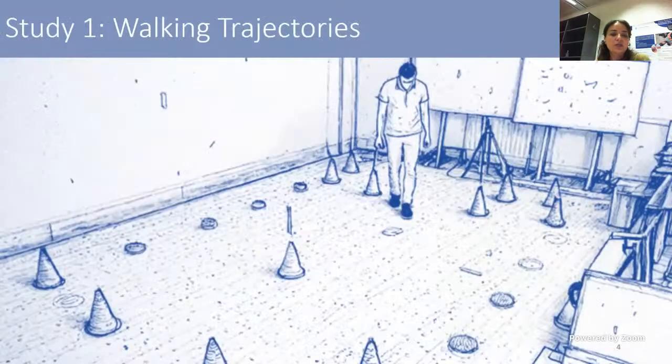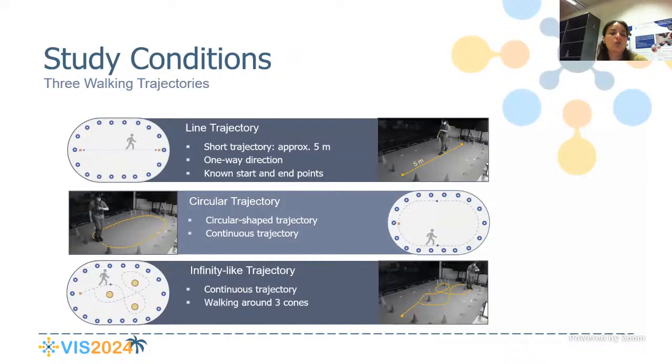So in the first study, we explored microvisualization reading performance under 3 walking trajectories, including a one-way simple line trajectory. In this condition, participants were asked to read the visualization from the smartwatch while walking between 2 known points and along a straight line.